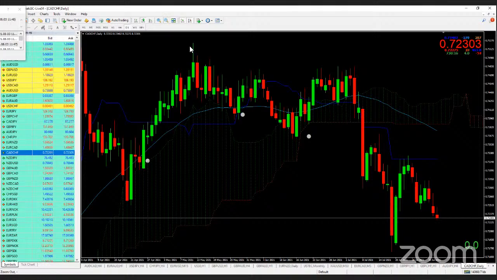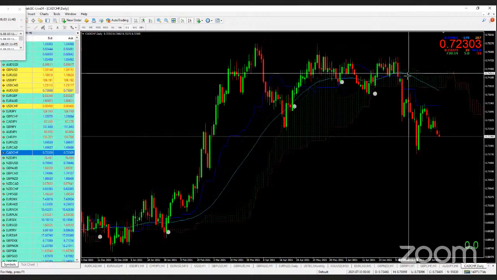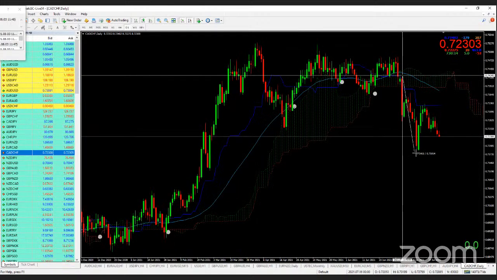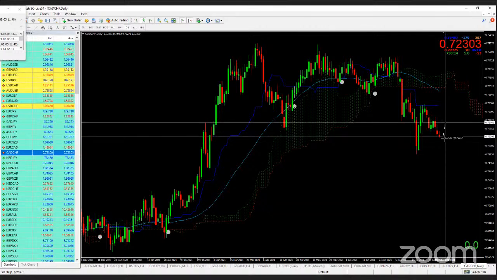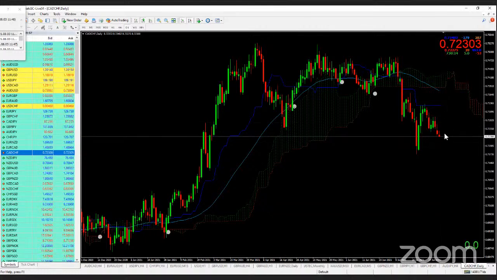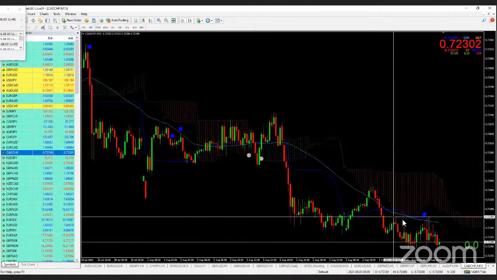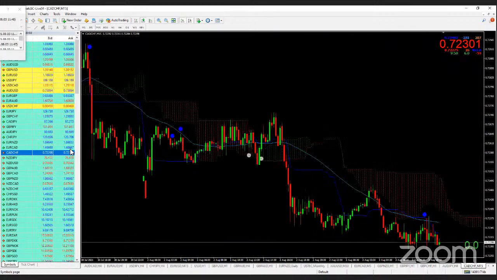Whereas if you are swing trading, guess what? Even if you got in somewhere here, you could have gotten about 240 pips as a swing trader. But day trading, you want to look for the pair that is going to give you enough pips for the day. So CAD JPY is not one for me for day trading. So let's move on.